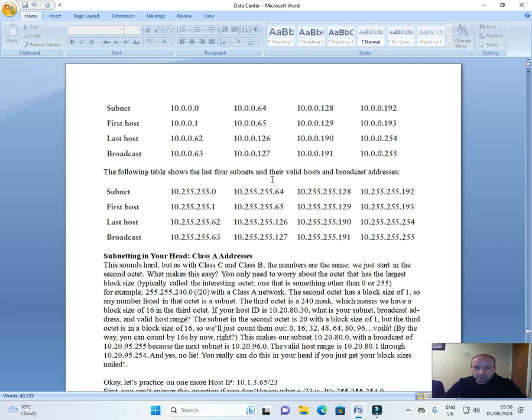The following table shows the last 4 subnets and their valid host and broadcast addresses. Subnets: 10.255.255.0, 10.255.255.64, 10.255.255.128, 10.255.255.192. First hosts: 10.255.255.1, 10.255.255.65, 10.255.255.129, 10.255.255.193.